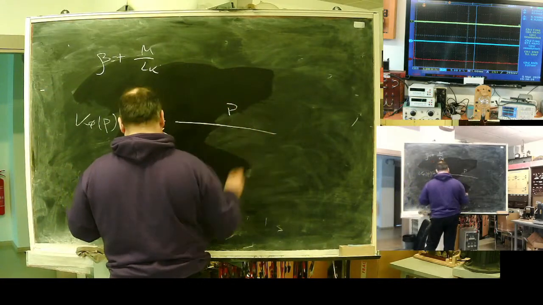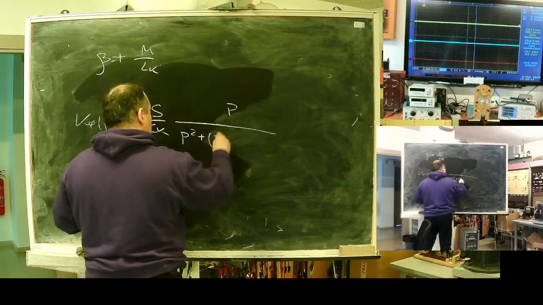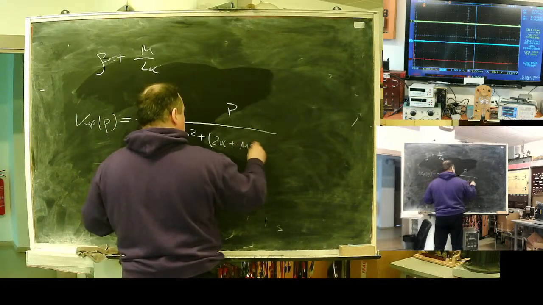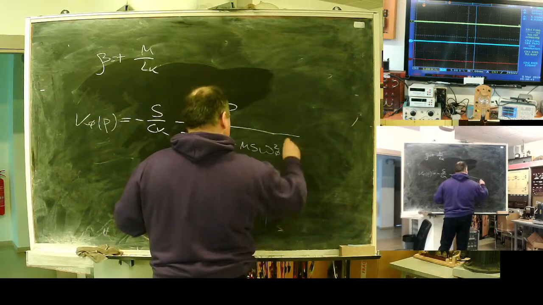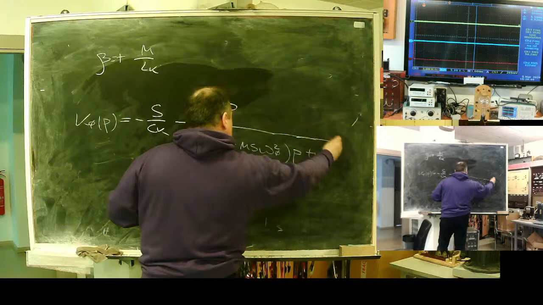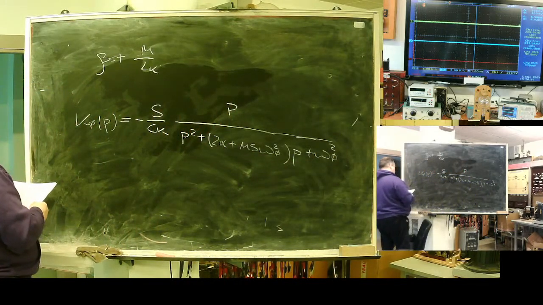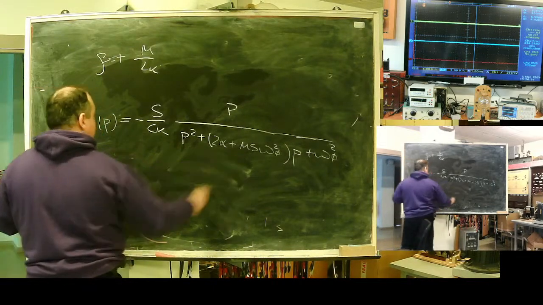Here we will have complex frequency P squared plus double alpha plus M S omega 0 squared P plus omega 0 squared.